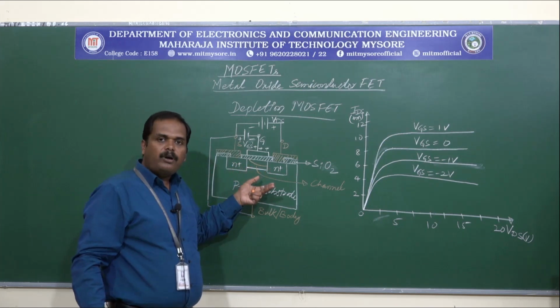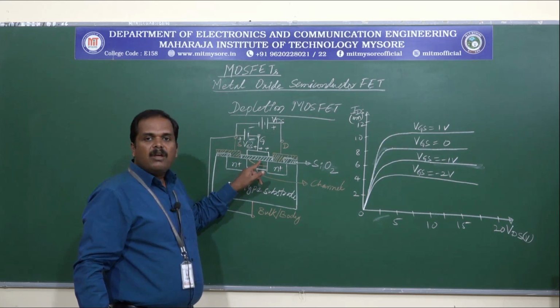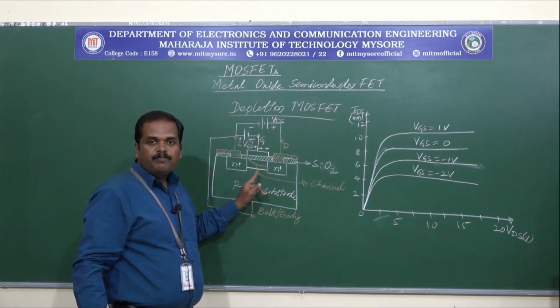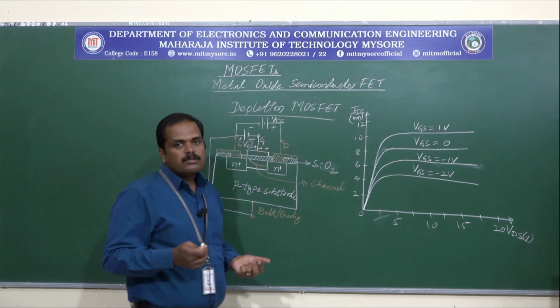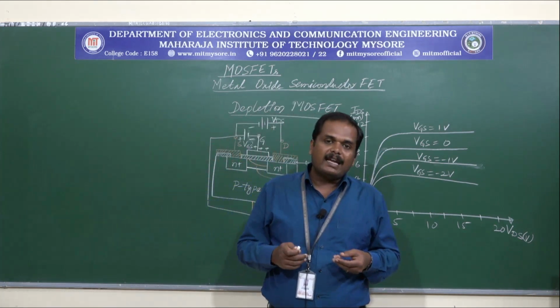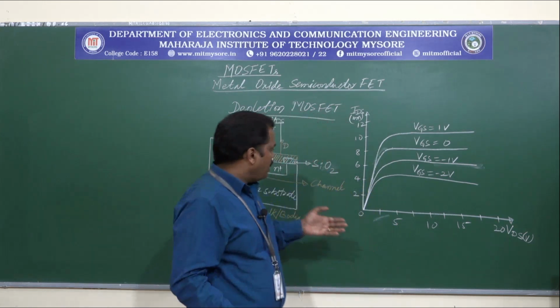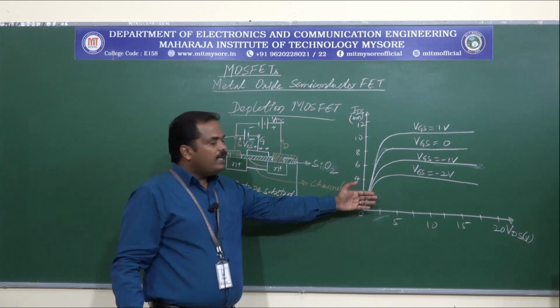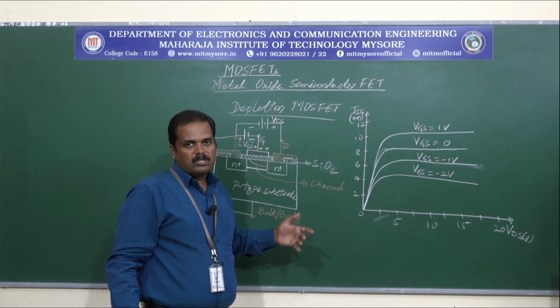At some particular point it will be 0 because the depletion region will be completely occupying the channel region. So the current is going to be almost 0 if the gate gets more negative potential. So this is the operation and VI characteristics of the depletion mode MOSFET.